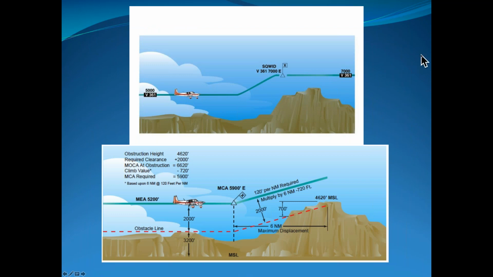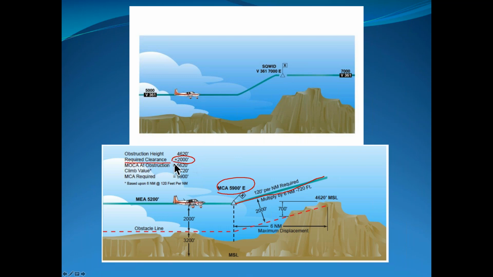And this is just kind of visualizing what we're talking about here. So MCA, the minimum crossing altitude, that just means that you're going to clear this obstacle. The MCA looks like, that's interesting. Required clearance 2,000 feet. Am I thinking of something different? Well, there's the clarification.